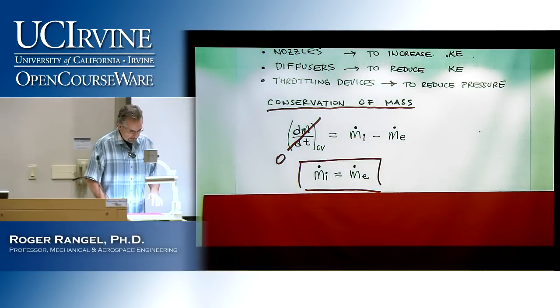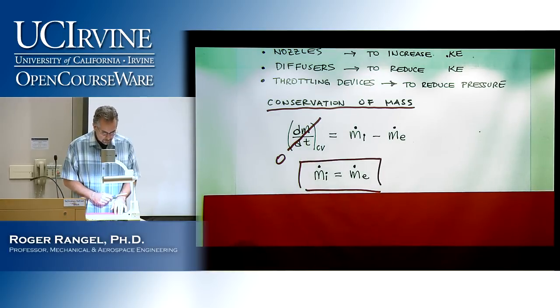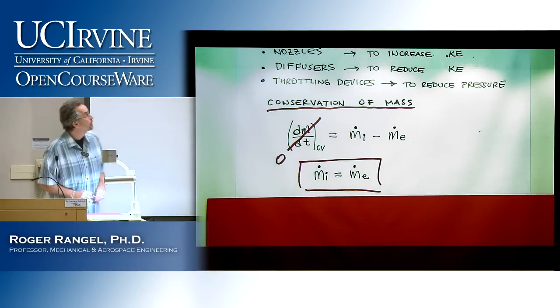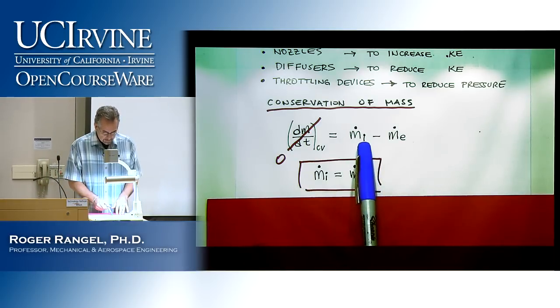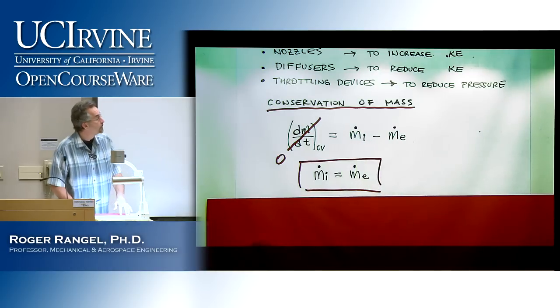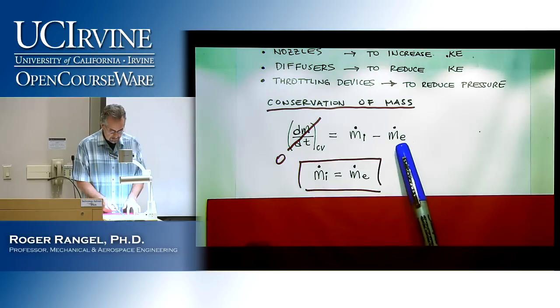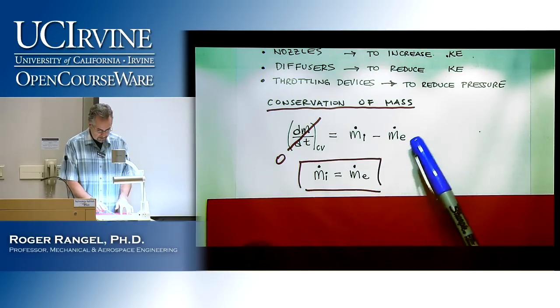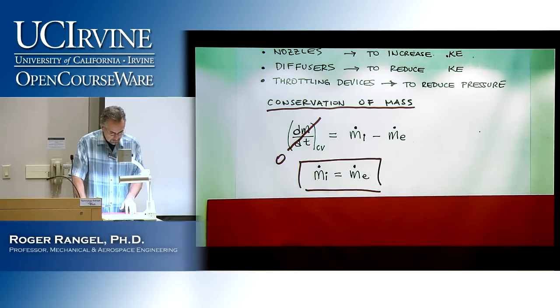So we write it as the time rate of variation of the mass inside the control volume is equal to any rate of addition of mass, m dot I for m dot in, minus any rate of mass that is exiting the control volume. So that's m dot E. I for inlet, E for exit.